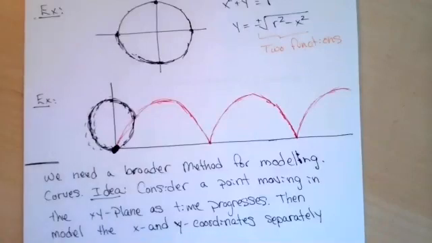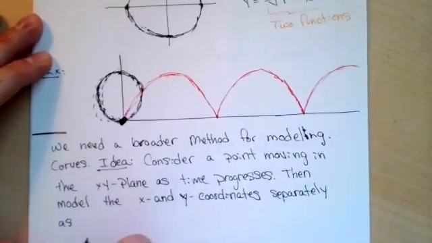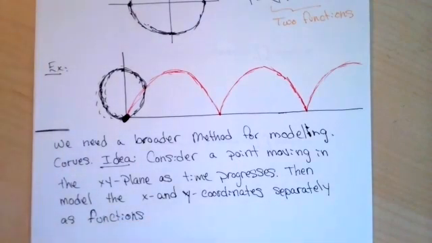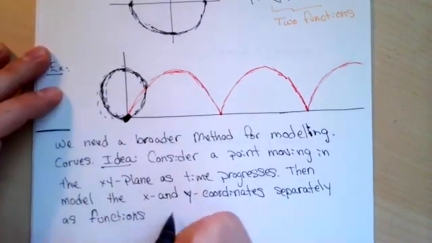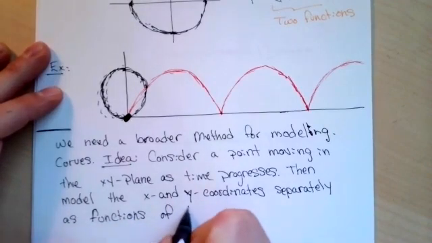And I say separately, but it's like we're separating the X and Y coordinates, but also kind of keeping track of them together. But really, they're each separate as functions of time. So they are each individually their own functions now of this new independent variable, time.